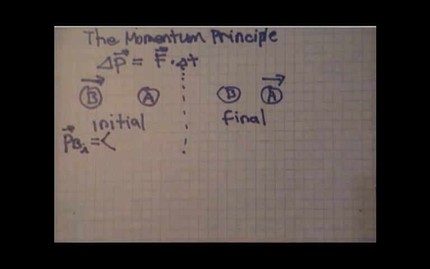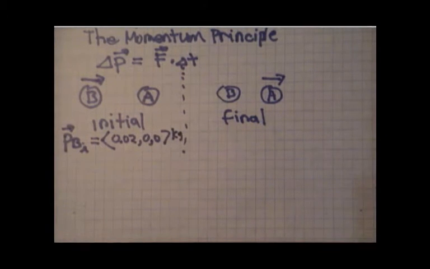There's no y or z component to the momentum. So the x component has a value of 0.02 units of momentum, and the y and the z components of ball B's momentum in the initial case are 0, and the units here, remember, for momentum are kilograms meters per second.